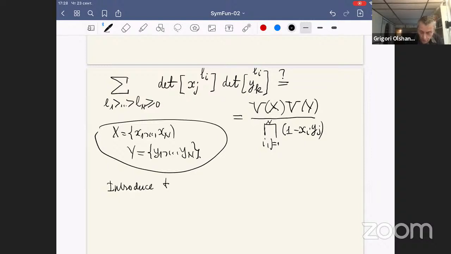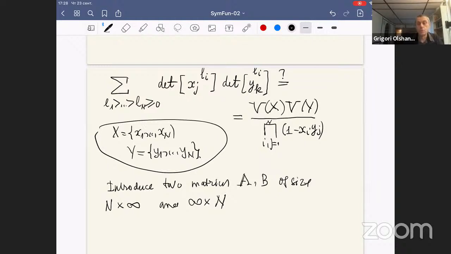Introduce two matrices A and B, of size n times infinity and infinity times n.